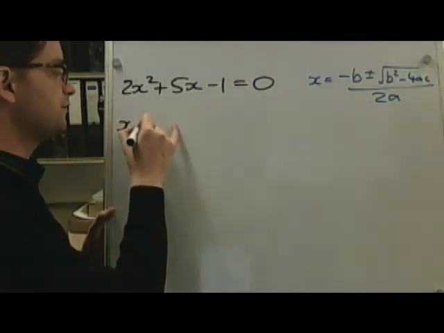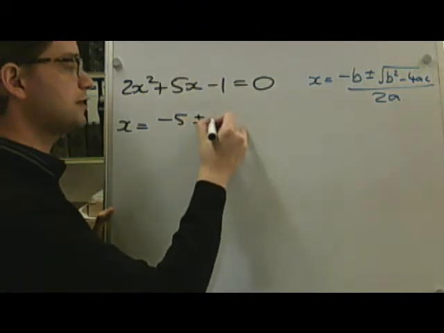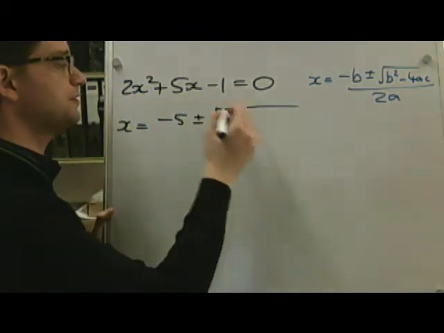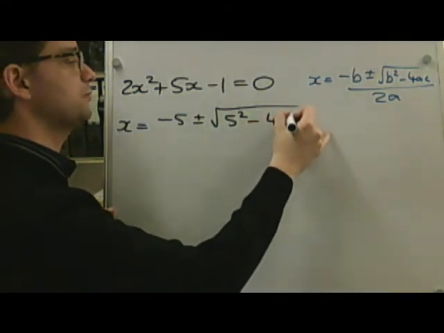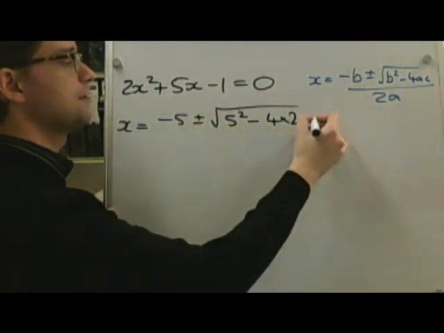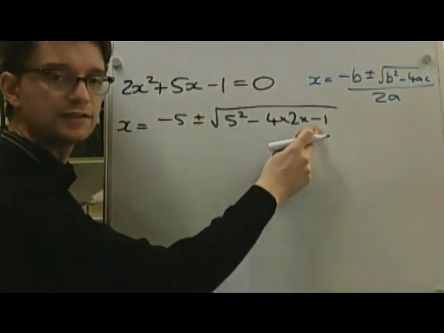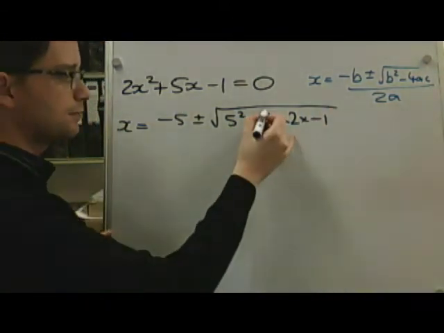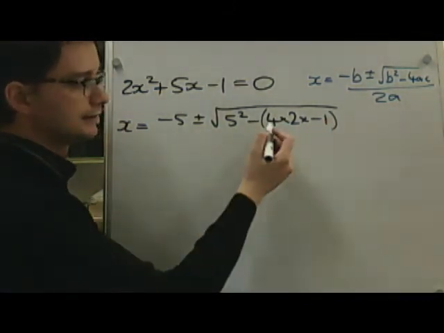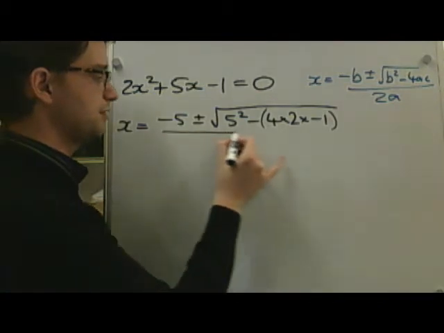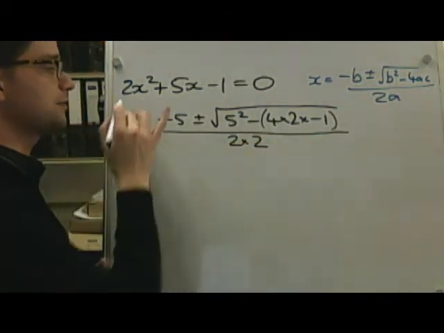So putting the numbers in the formula, minus b plus or minus the square root of b squared minus 4 times 2 times minus 1. And you have to be really careful of minus signs in this formula. Okay, there's a bracket here. This is 4 times 2 times minus 1. And that's going to interact with that minus sign in a minute. And then I need 2 times 2 on the bottom this time, because a is 2.